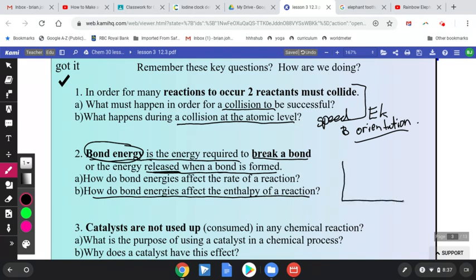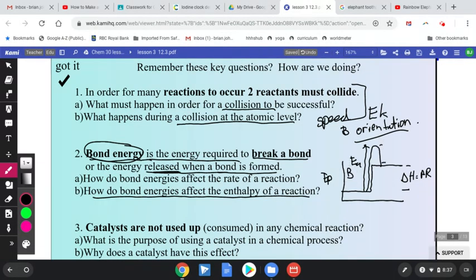So I'm just going to do a little sketch diagram, and we're going to go endothermic. And here's our delta H, products minus reactants. And if we add an energy pathway, then we call this the activation energy, and that would be the energy required to break bonds.